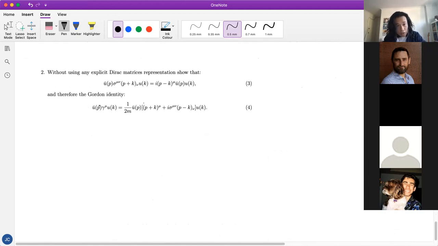So let's just look at the first one. Starting off with the left-hand side, and then we're going to try to derive the right-hand side. On the left-hand side, we have the adjoint spinor, u bar of P, and then sigma mu nu, (P plus K) with lower index nu, u of K. Again, K and P are both four-momenta in this case.